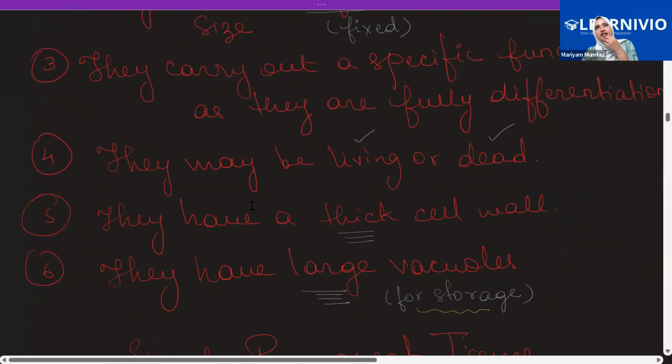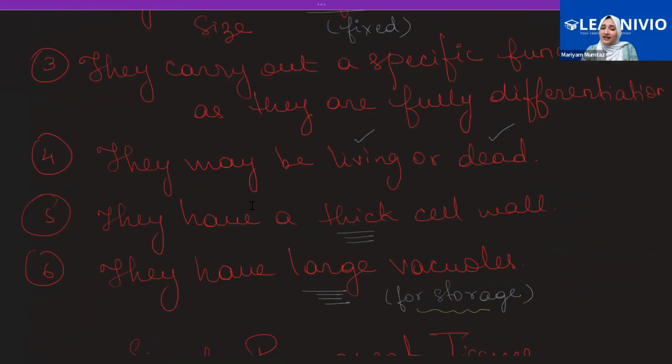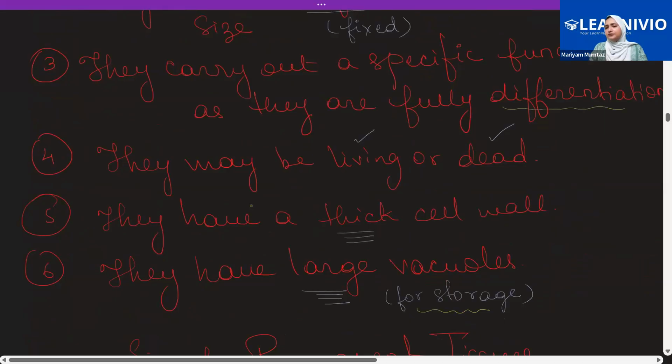Now every single cell that is a part of a permanent tissue will be performing a specific function and that's it. They will not be doing anything else than the function that they have been assigned, because they are fully differentiated.